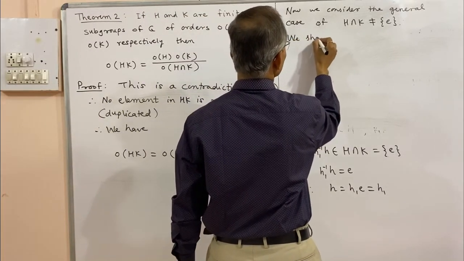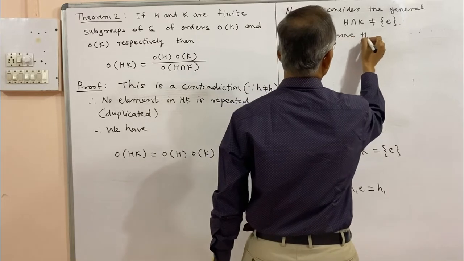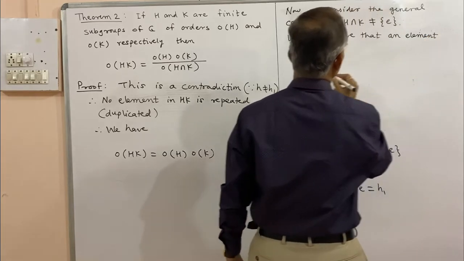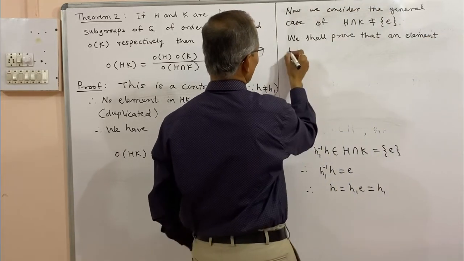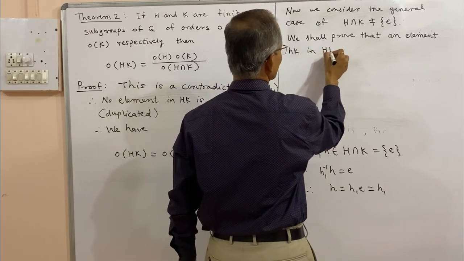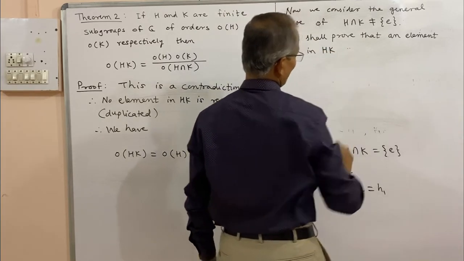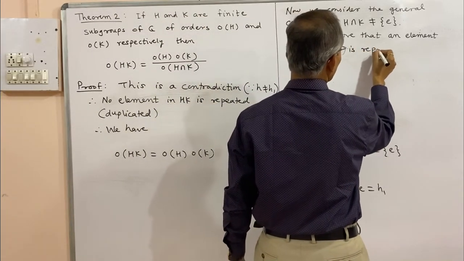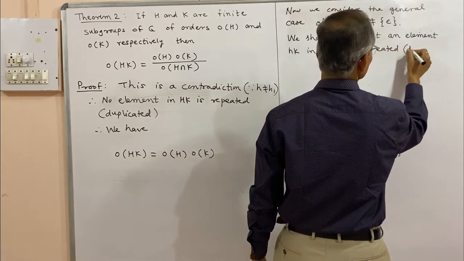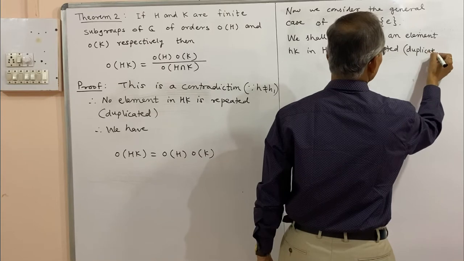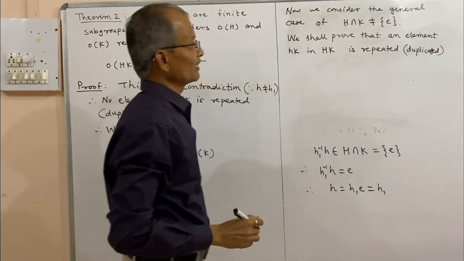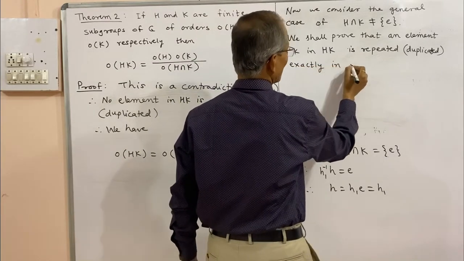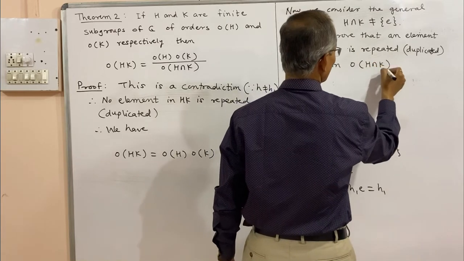So we shall prove that an element in HK occurs or is repeated, or we may say it is duplicated, exactly in order of H intersection K times.